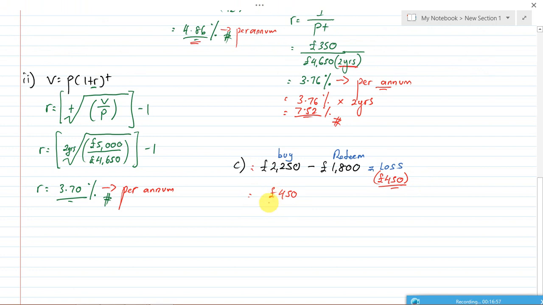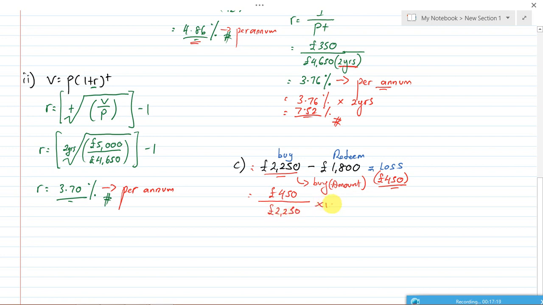So you divide back with our original investment, which is the amount that we bought for, 2250.